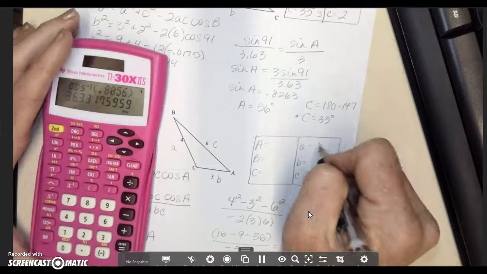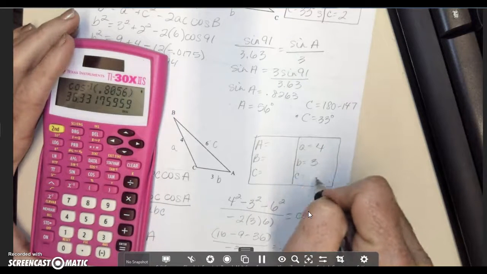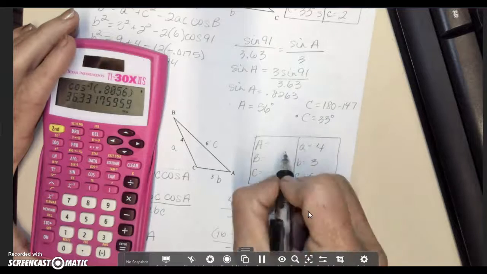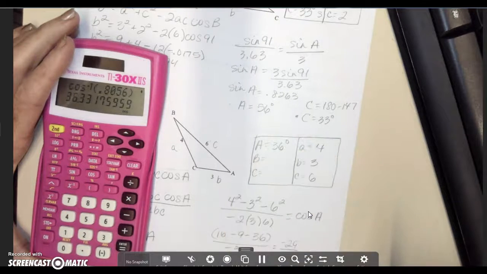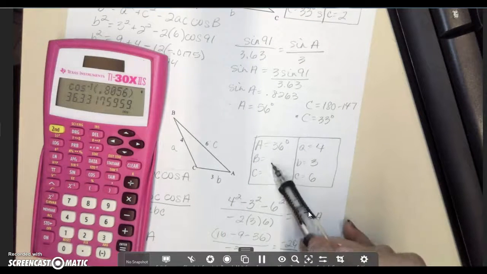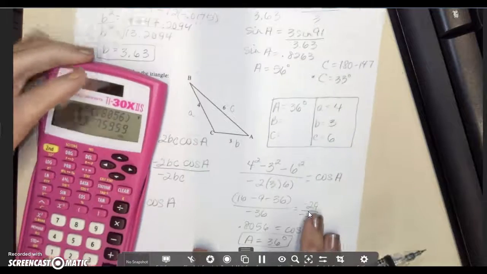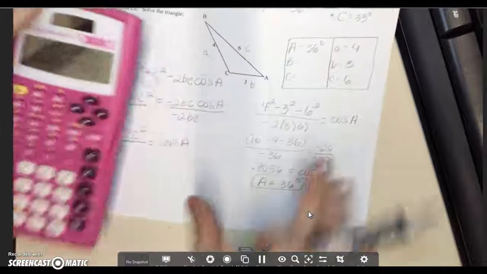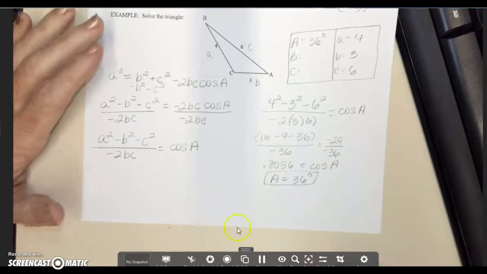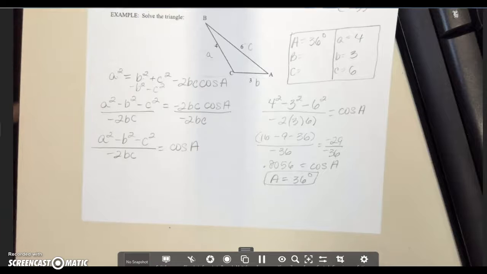So our a was 4, b is 3, c is 6, and our a value is 36 degrees. Okay, so in theory, b should be smaller than 36 degrees because 3 is smaller than 4. So now you're at the point where you can use law of sines to calculate the rest of your table. Go ahead and do that. Check your answers against mine in a moment.